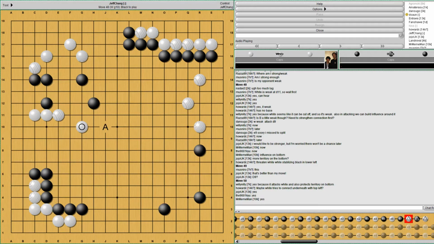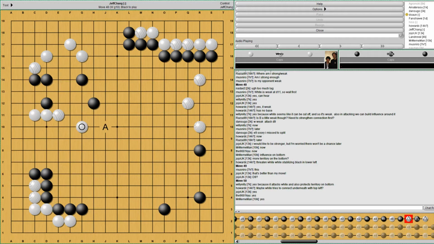If you look at pro games, you will see that pro players normally do not specifically care about points in the middle game. It's mostly groups, cutting points, weak shapes. So if black wants to attack, black needs to attack white while taking care of himself. Then the direction needs to be from A, not from the bottom. I hope this is clear.